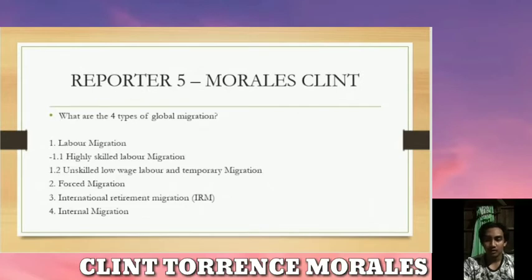So, the second one is unskilled low-wage labor and temporary migration. After 1945, unskilled low-wage labor was the main type of migration, which played a very important role in the economic reconstruction of the industrialized countries.